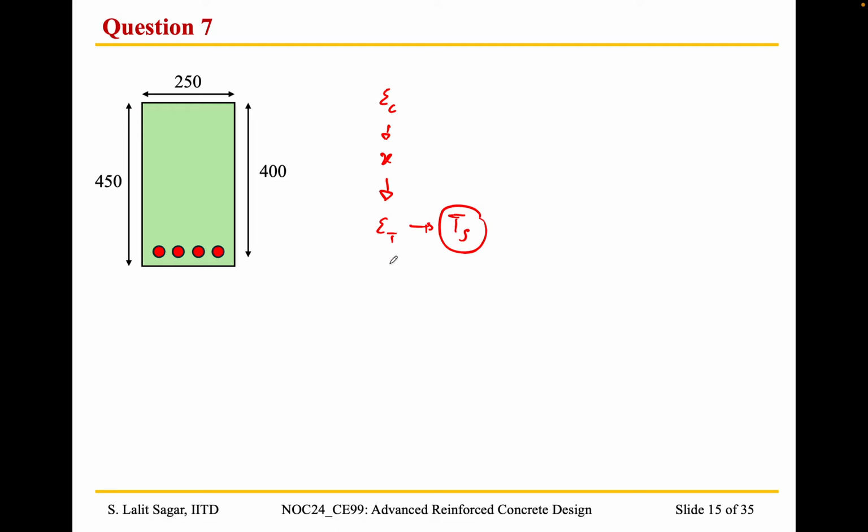Then you need to find out alpha 1, beta 1, those are the parameters for the equivalent stress block in concrete. Find out the value of Cc, then you have to match both of these. After that, find out the value of moment and curvature.